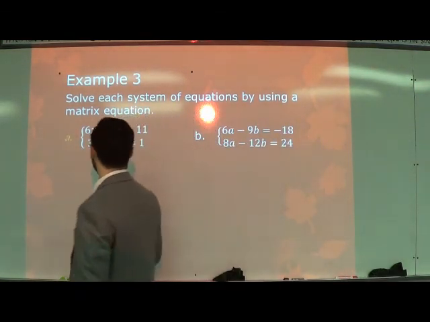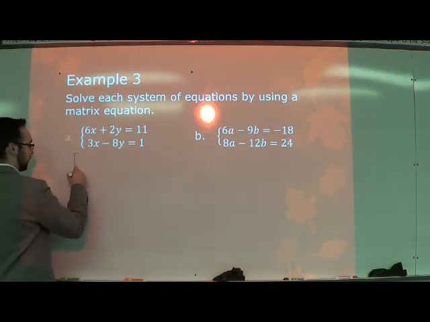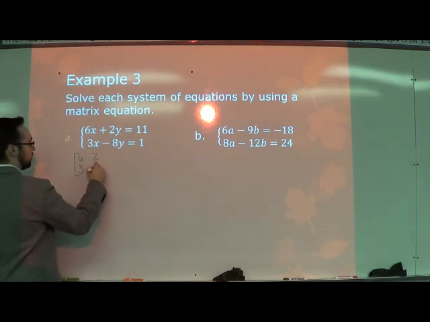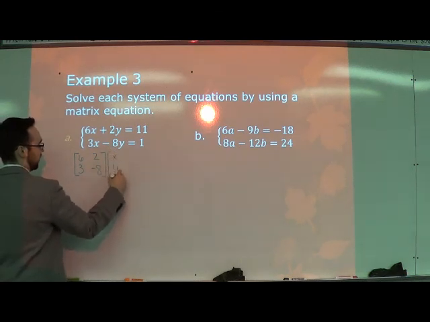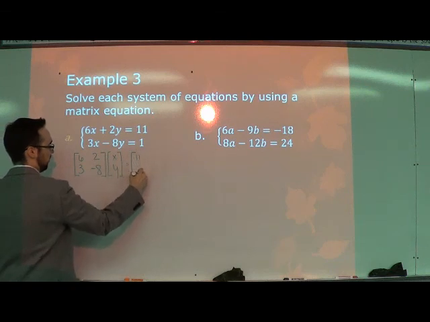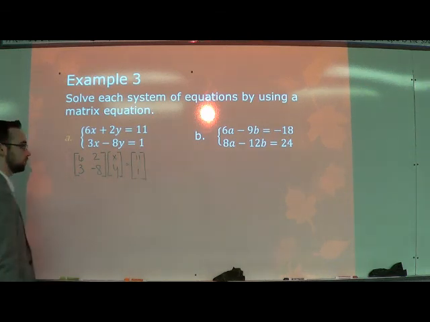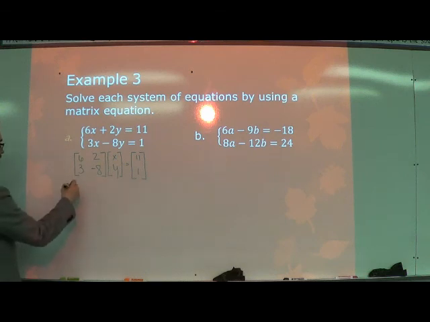Taking a look at this first one, let's start by writing a matrix equation. We start with 6, 3, 2, negative 8, times x and y, is equal to 11 and 1. Now I want to move off to the side for a second and find the inverse of this matrix.